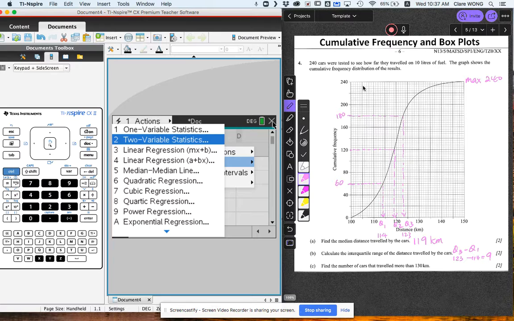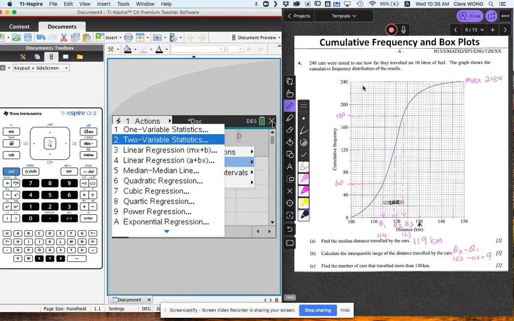That means here, this is your interquartile range. This is your IQR. There is a gap of 9. Now find the number of cars that traveled more than 130 kilometers. 130 kilometers, you need to start from here.